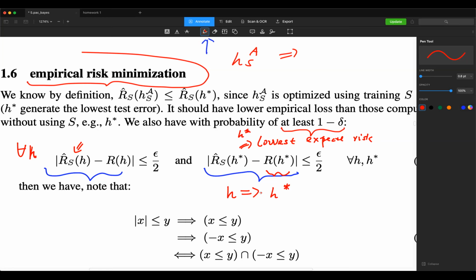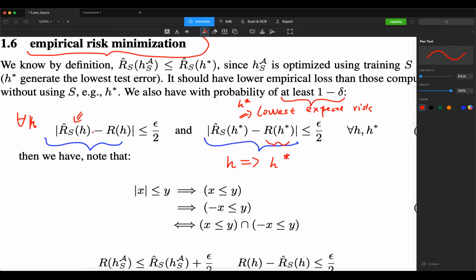This kind of absolute value sometimes worries people a little bit, but that's why I'm writing it out here. If you know that the absolute value of X is less than or equal to 1, does that imply X is less than or equal to 1? Yes, you have to imply that. If you think about it, 3 is less than 5, and that also implies minus 3 is less than 5.